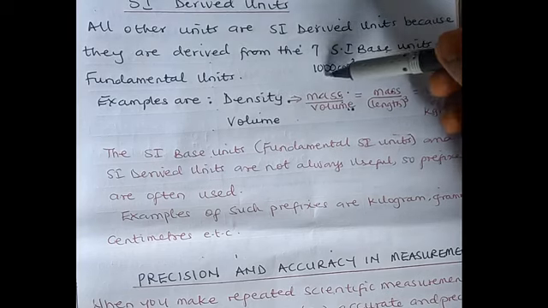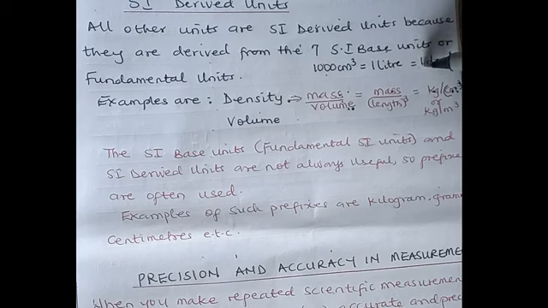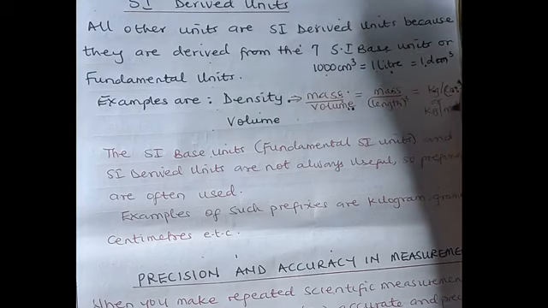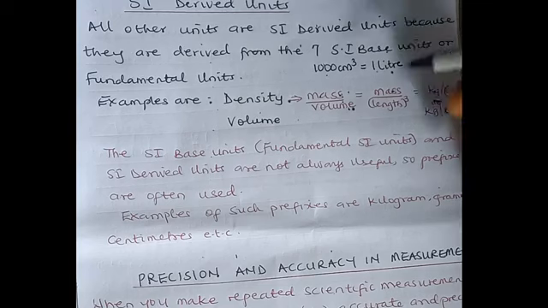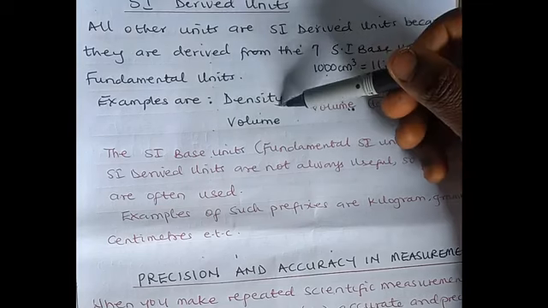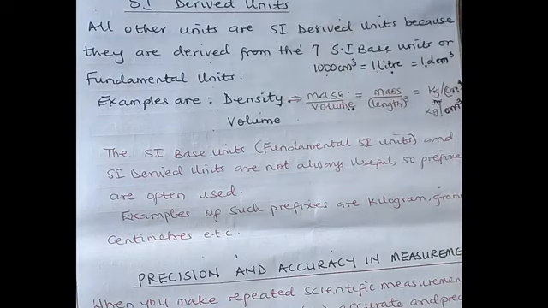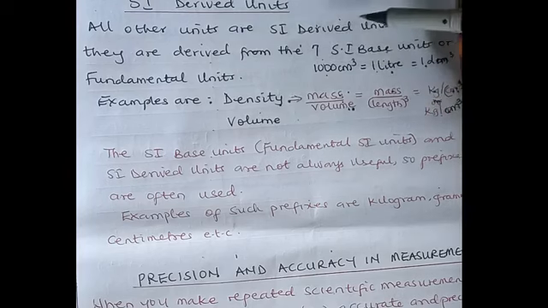So 2000 centimeter cube is 2 dm cube, and that is 2 liters. So here we have kilogram per centimeter cube, which is the unit for density. So we can see here that density is not part of the fundamental units, whereas it was derived from the fundamental units, and the unit is kilogram per cm cube.